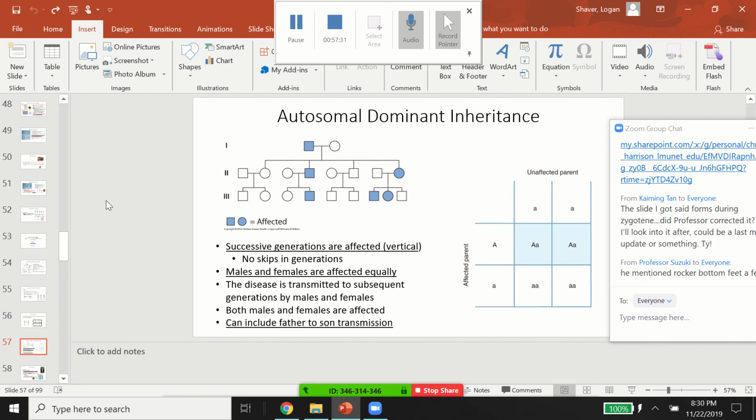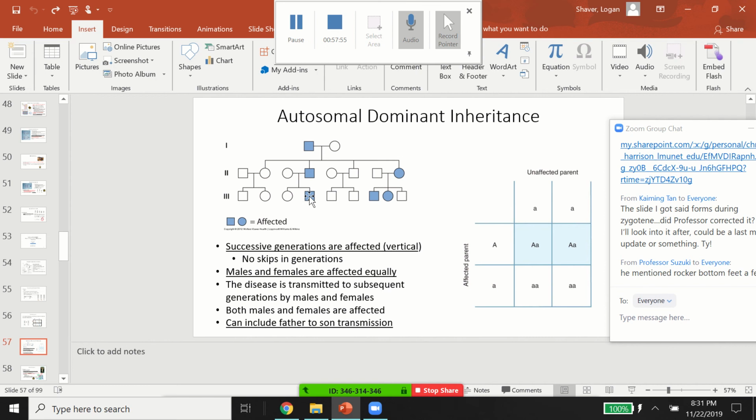Anyway, I decided to include these slides as well because they help you understand the different inheritance patterns. With autosomal dominance, it doesn't matter if your offspring is female or male, and there are no skips in generations whatsoever. Pretty much every single generation is going to be affected.